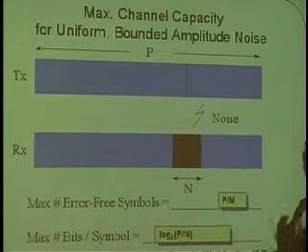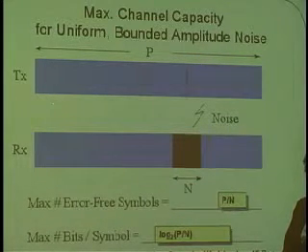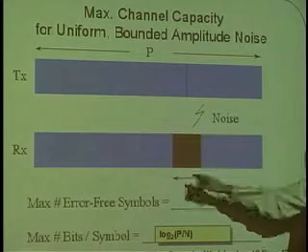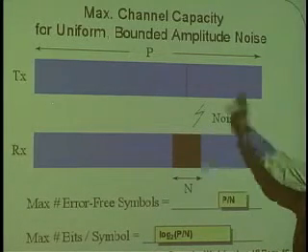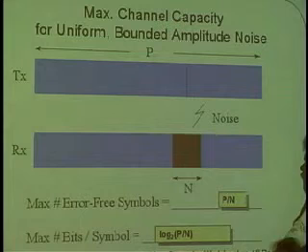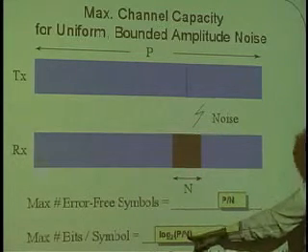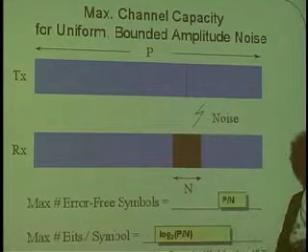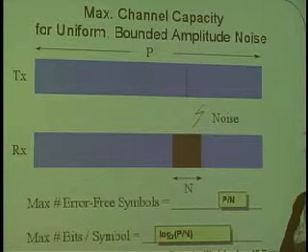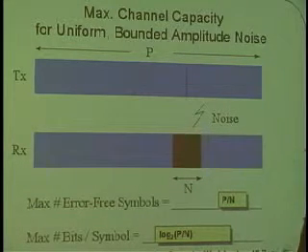I said the uncertainty is around 1/1,000,000th of an inch. N is 1/1,000,000th of an inch. The bar is around 1 inch long. And so log base 2 of 1 divided by 1 over 1,000,000 is log base 2 of 1,000,000, which is around 20 bits.